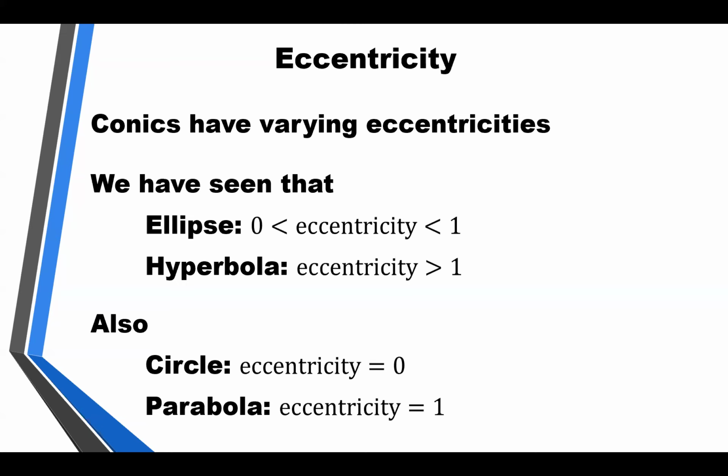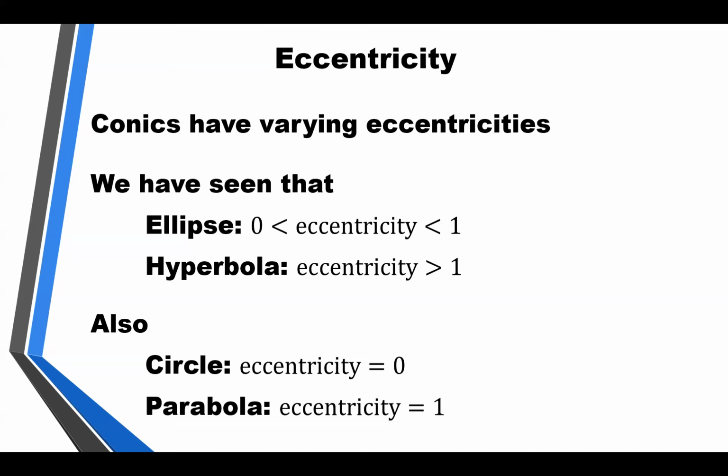It turns out that the circle and the parabola also have eccentricities, but they're always the same. Every circle has eccentricity of 0. Every parabola has eccentricity of 1.